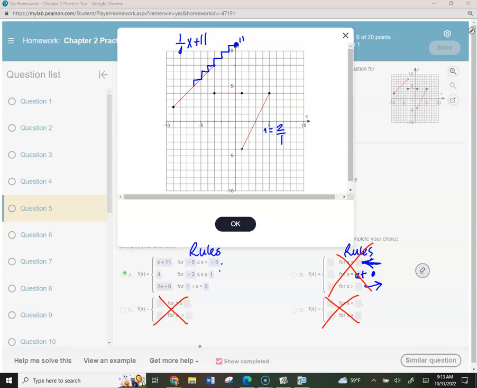Let me erase that. You can count. How do you get from one to the other? You go down 1, left 1, or down 2, left 1, down 2, left 1. It's crossing right there at -6. So the equation here said the slope was -2 over 1, or -2. So it'd be -2x minus 6.